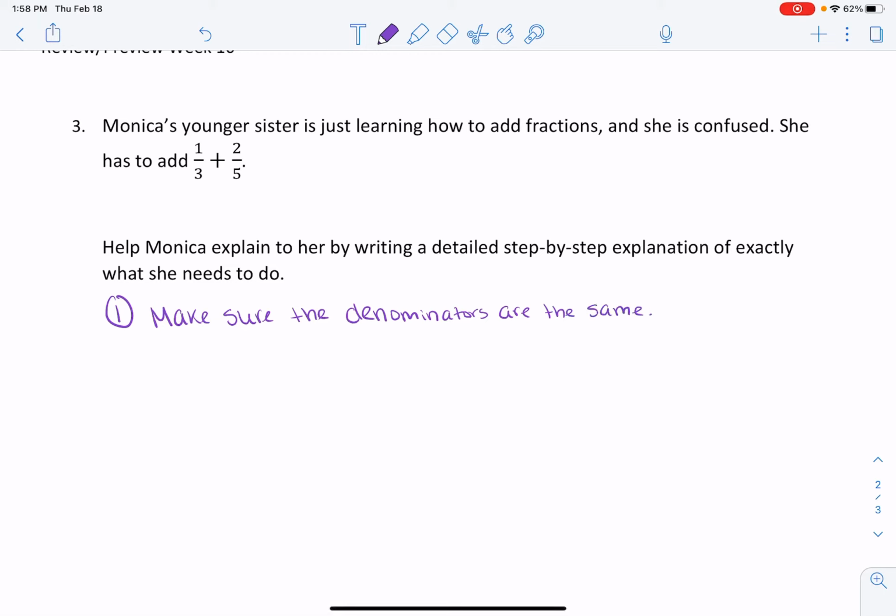And then we want to add the top numbers. And then simplify if needed.